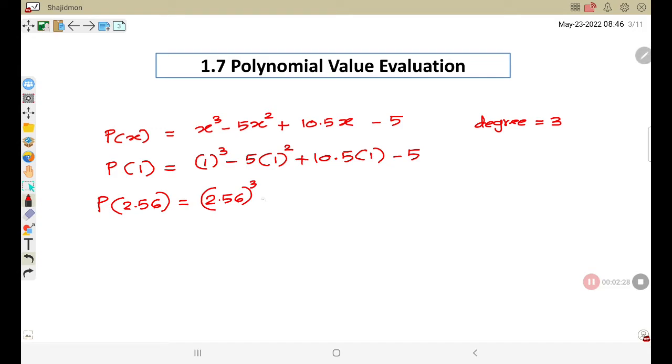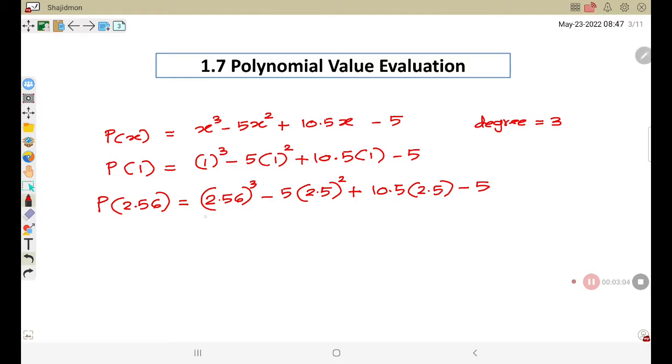Then minus 5 times 2.56 power 2 plus 10.5 multiplied by 2.56 minus 5. For this kind of polynomial value calculation, we need to use an approximate value, either by rounding or chopping. How can we do this by rounding or chopping? That is what we are discussing in section 1.7, polynomial value evaluation at different numbers.